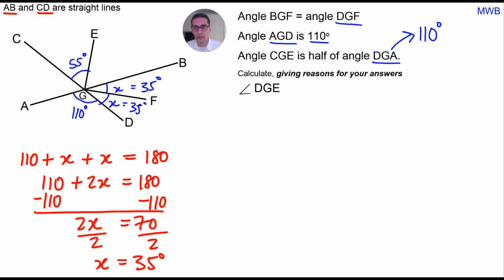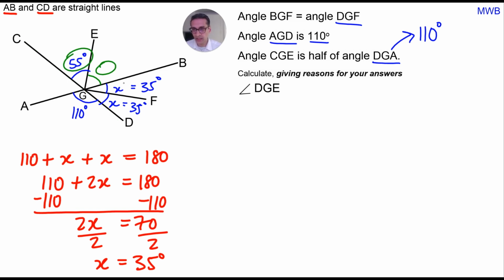Now we are going to change colors because we're going to be working out this angle here, so BGE. So let's say angle BGE. We know that because CD is a straight line, which it tells us here, we know that these angles will add up to 180.